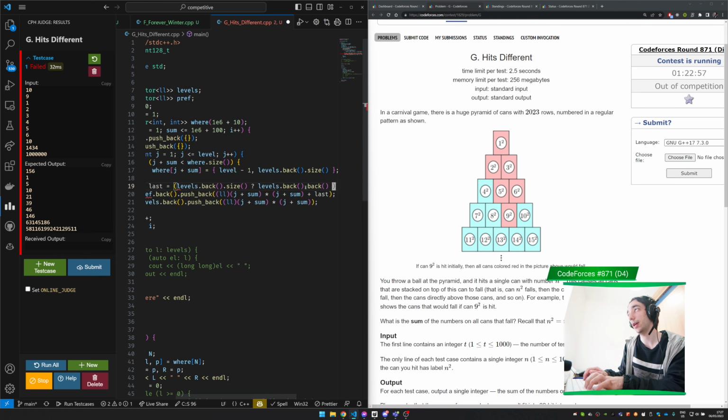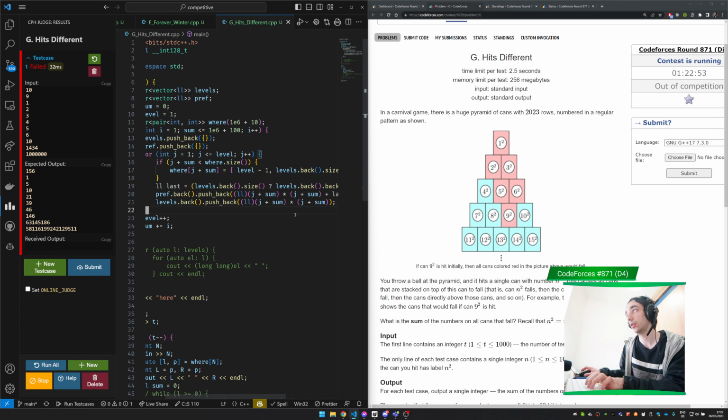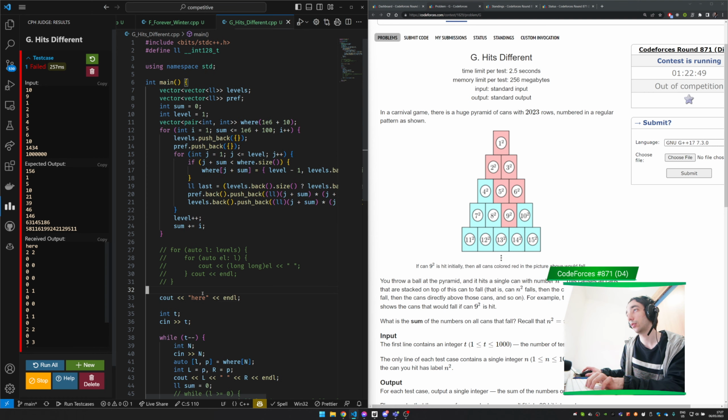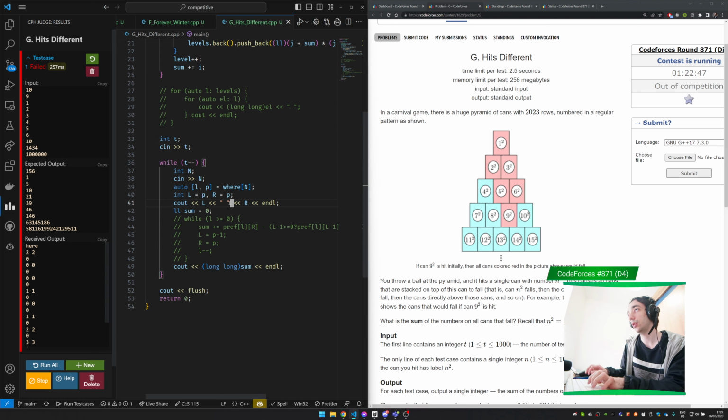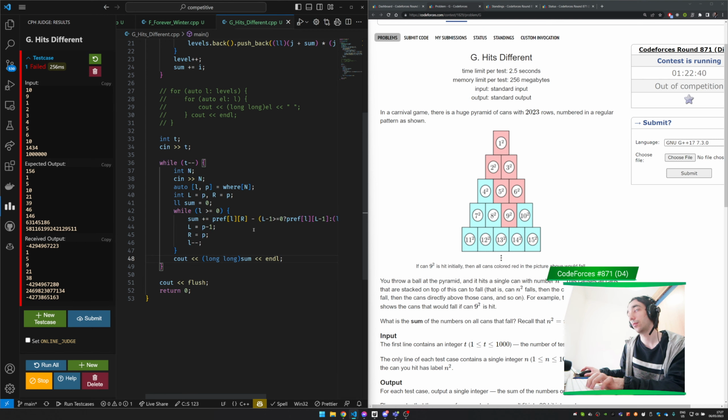This is bad code, but whatever. It should work. Okay, here. Of course, when L and R are not probably right.